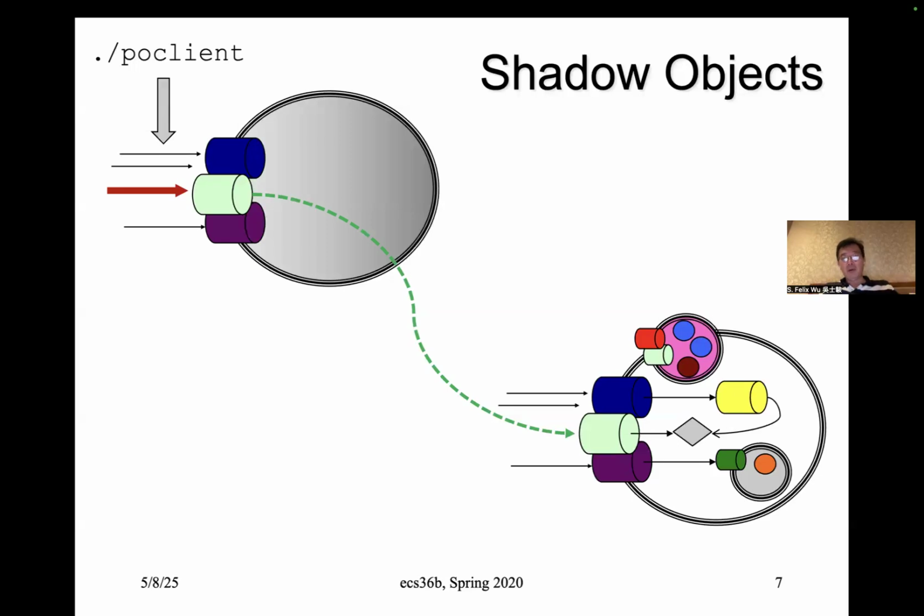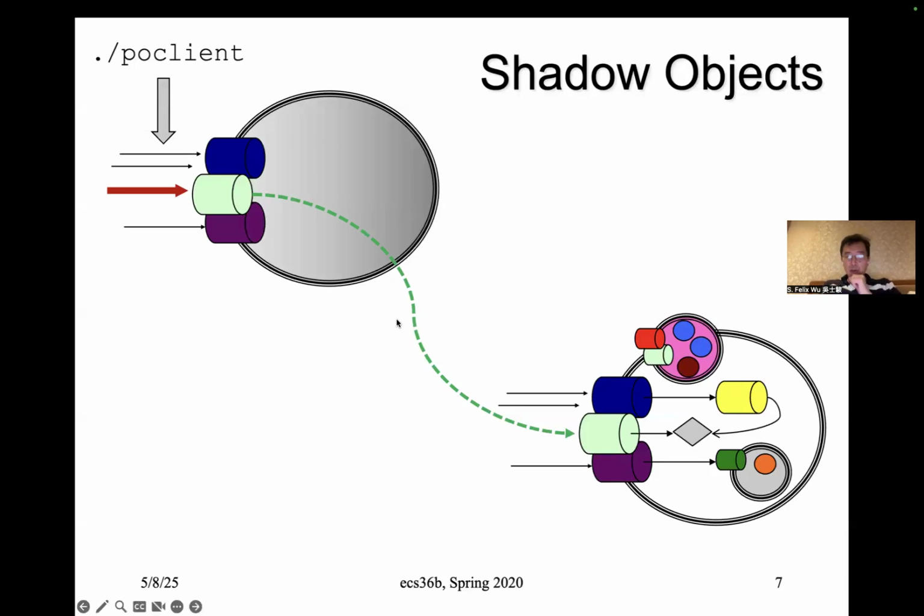But from the programmer's perspective, they usually don't need to worry about that. Hopefully, they don't need to worry about that. And today I'm going to demonstrate how to use this concept called shadow object so that you will be able to handle this.